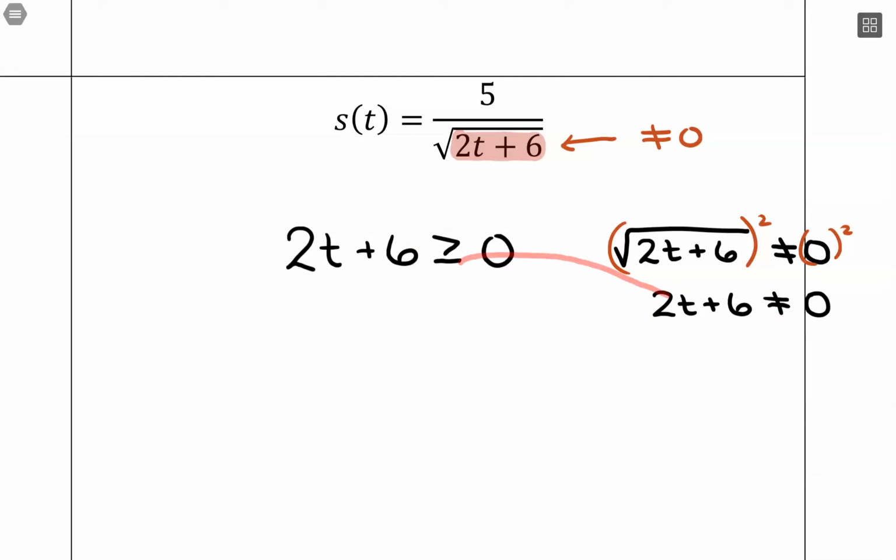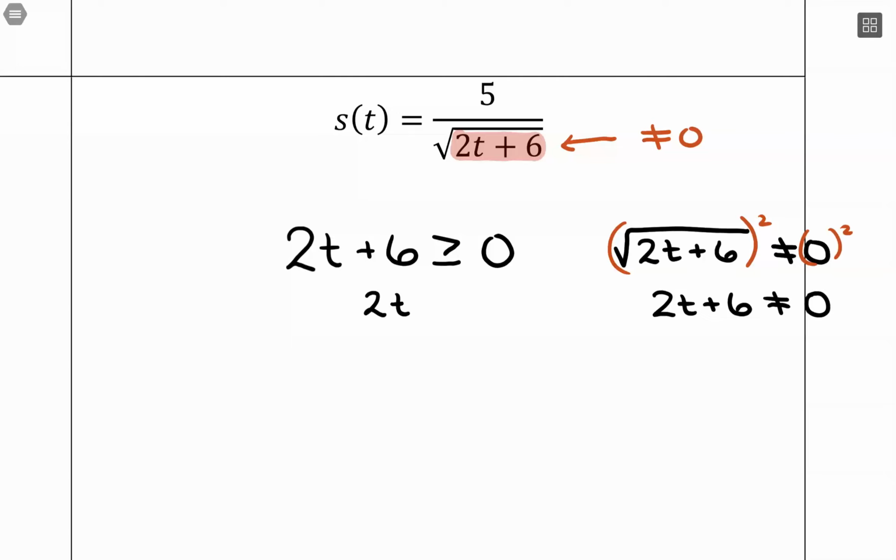So how I could combine these into just a single step is pretty simple with this inequality setup. All I would do is take away the equal part and say 2t plus 6 must be strictly larger than 0, because we're saying it cannot equal 0. So you can combine it in that way or solve them separately. I'm going to go ahead and solve them separately and then just show you how they combine at the end, but it would be the same thing as solving just the single inequality.